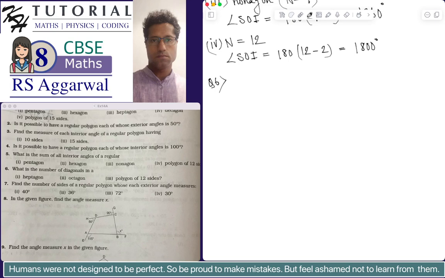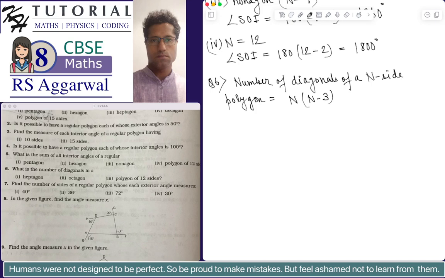We know that the number of diagonals of a polygon of n sides, that is having n number of sides, there is a formula: n multiplied by (n minus 3) divided by 2. This is the number of diagonals in a polygon of n sides.